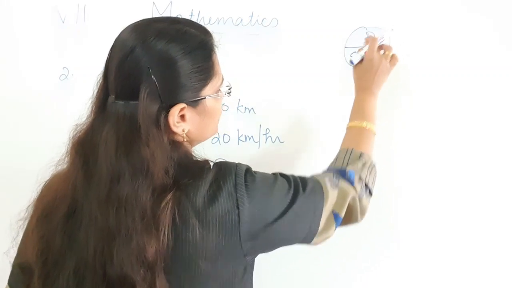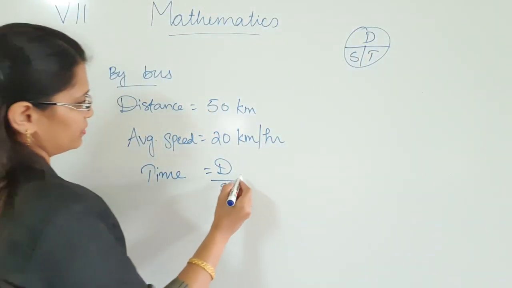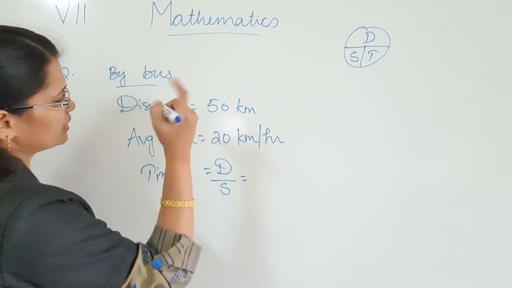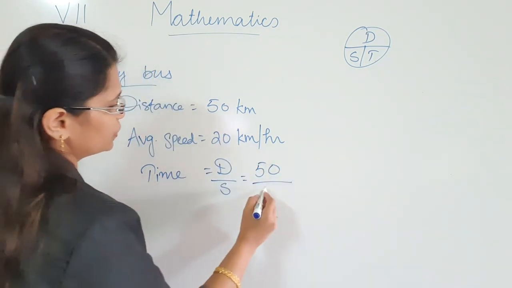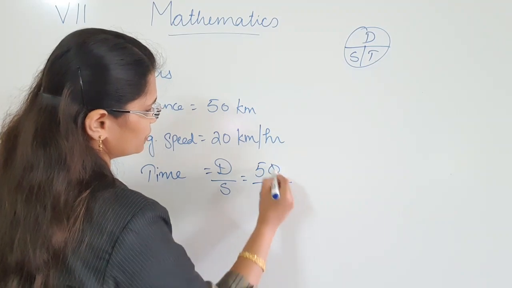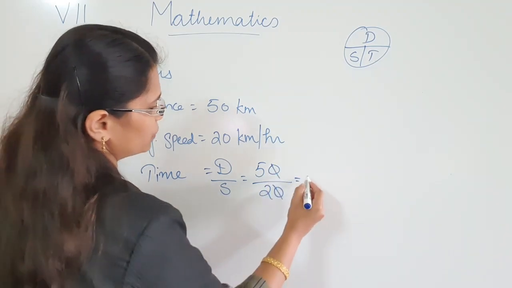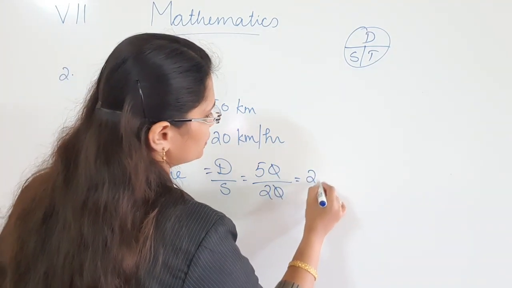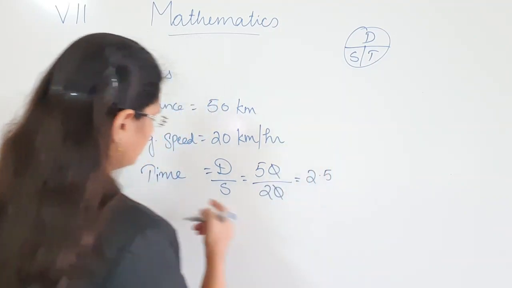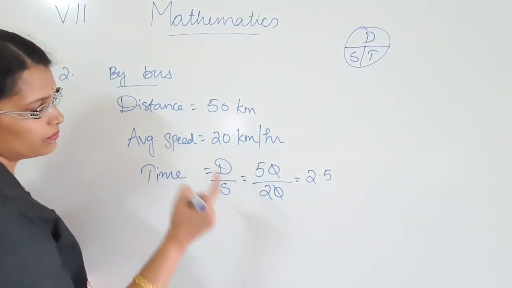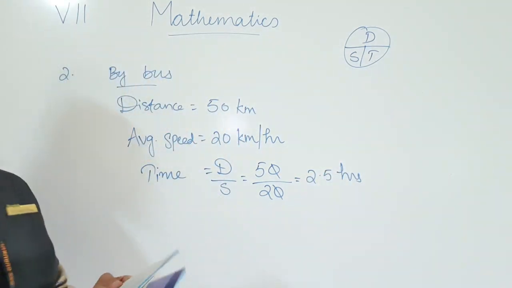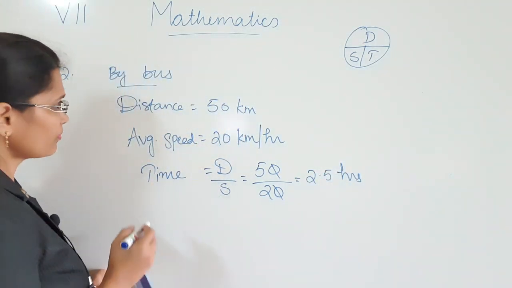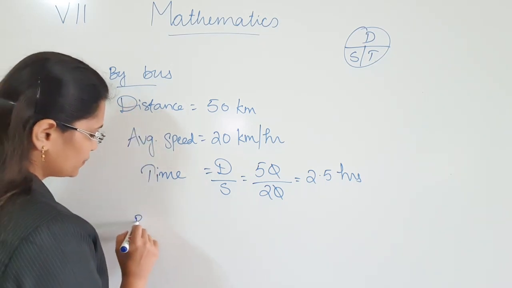DST, time is equal to D by S is equal to, what is the distance here? 50 divided by 20. 0, 0 cancel is equal to 5 by 2 is equal to 2.5. What is the unit of time? Hours. 2.5 hours.